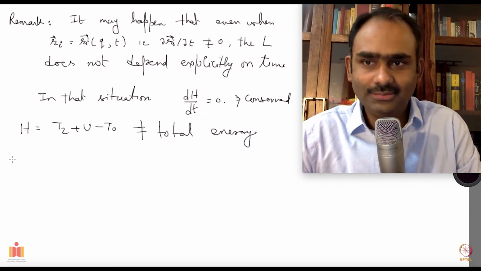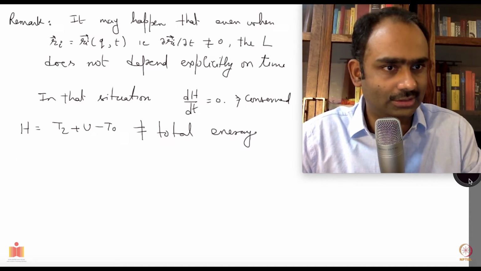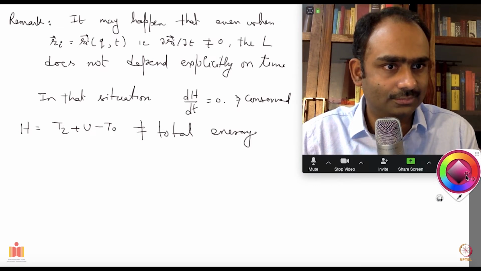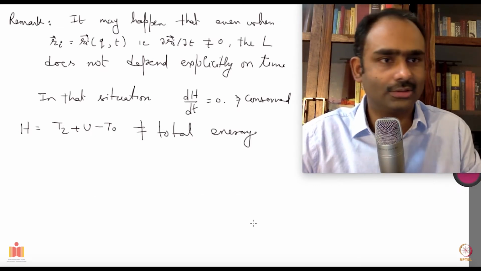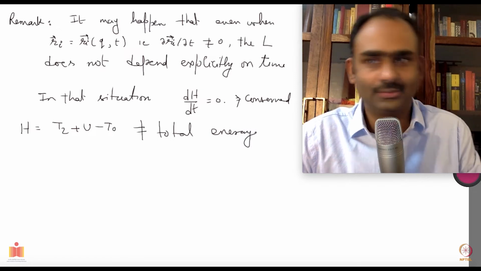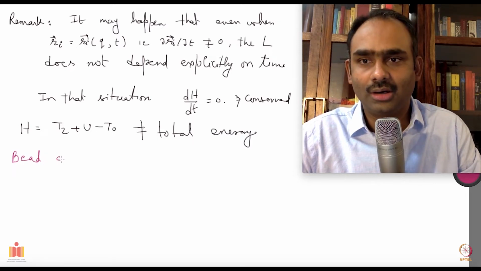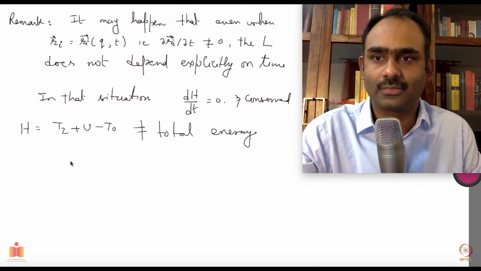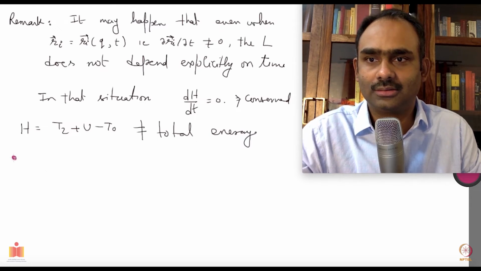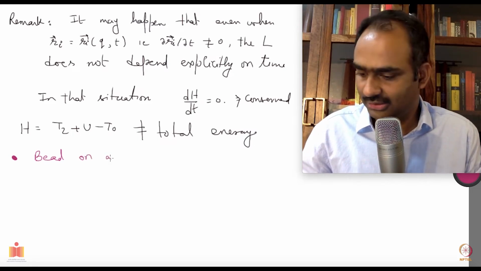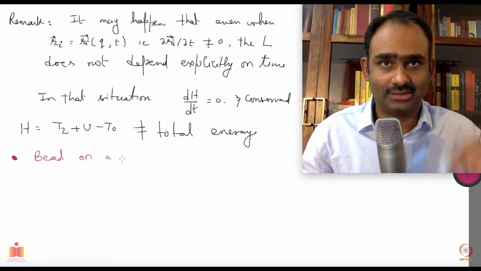So example number 1, let me use some nice color if I can. Okay, anyway, this is some funny color, but I'll take it. Bead on a uniformly rotating wire that is lying in a horizontal plane.